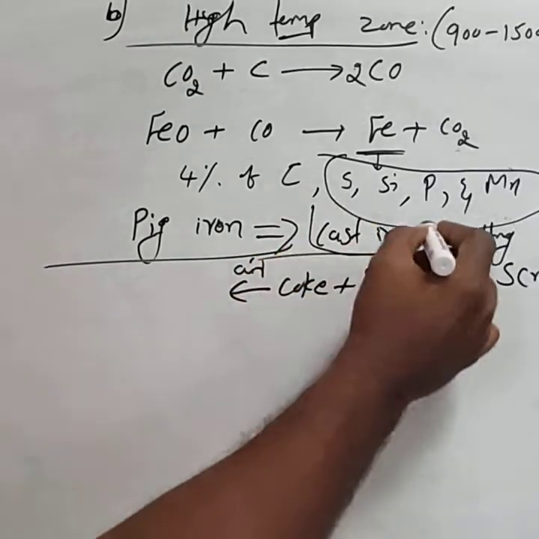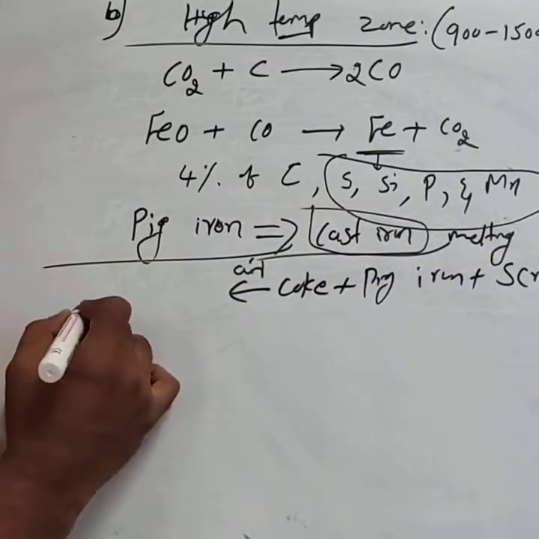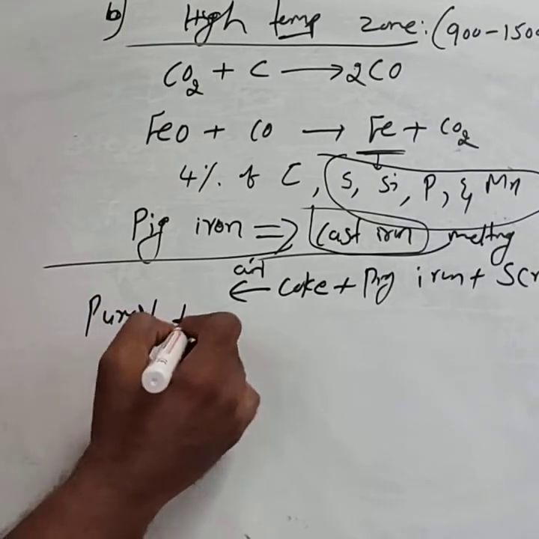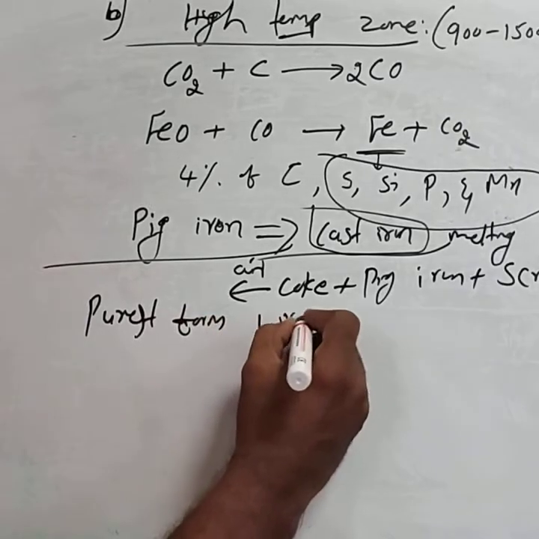This is the second one, cast iron. Then the purest form of iron is wrought iron.